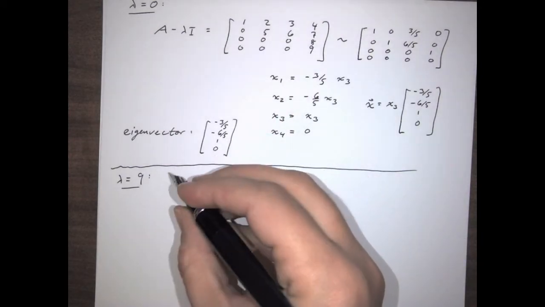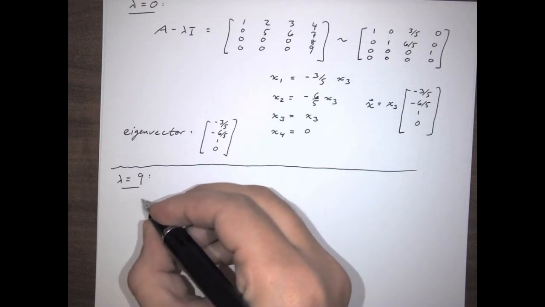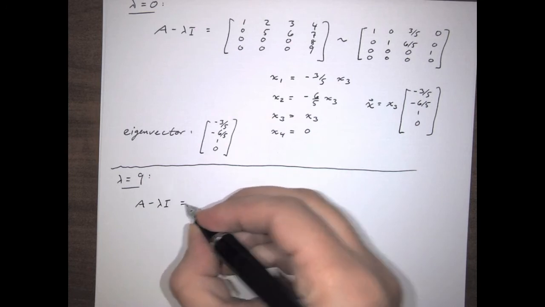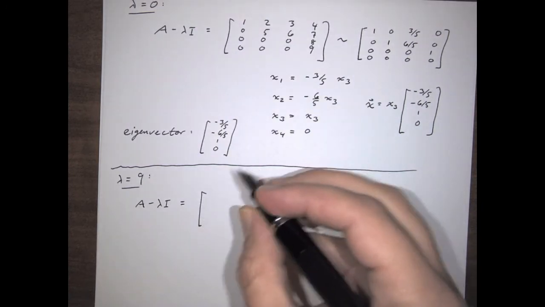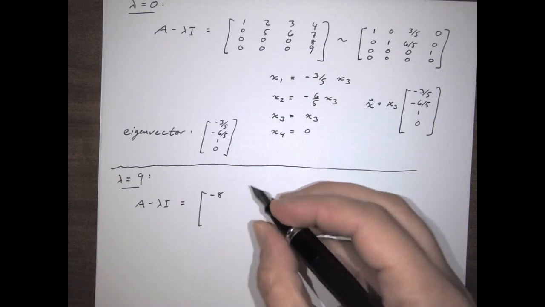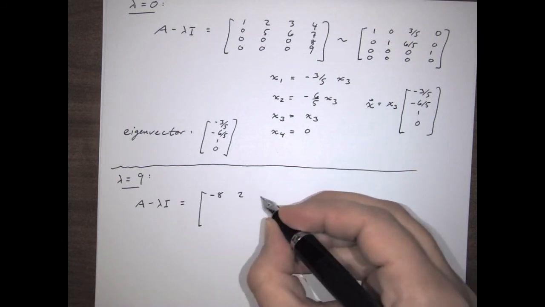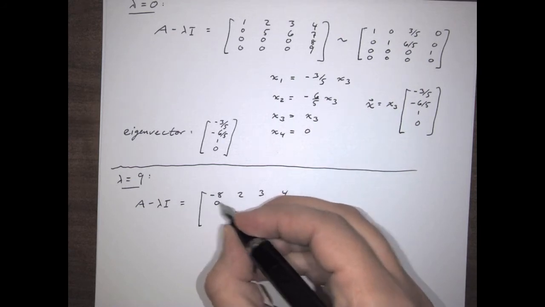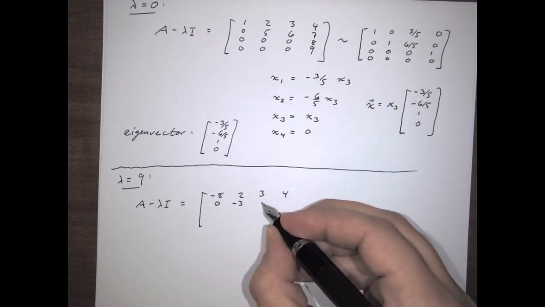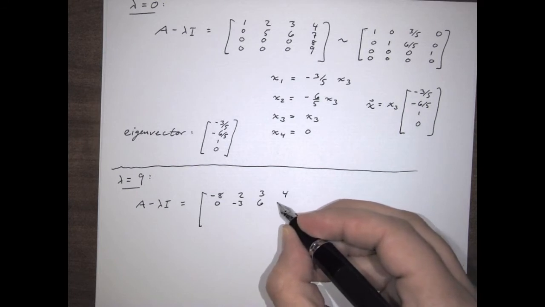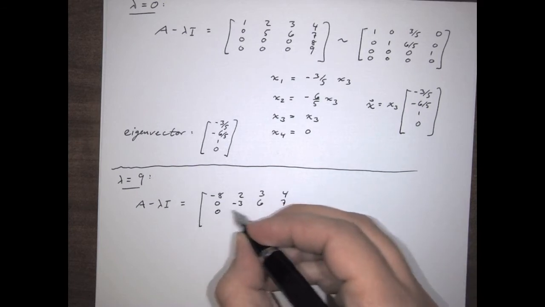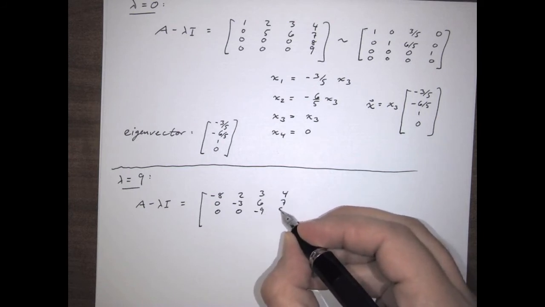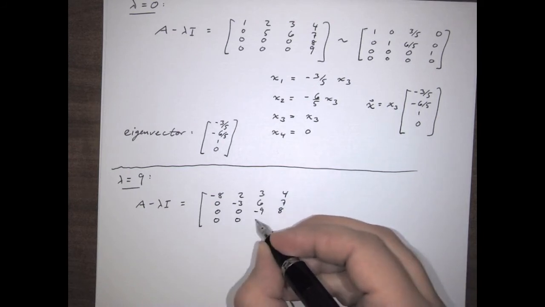So lambda equals 9, so that means A minus lambda I is going to be regular old A, but we're going to subtract 9 from the main diagonal. So it's going to be a negative 8, 2, 3, 4, 0, negative 3, 6, 7, 0, 0, negative 9, 8, and then 0, 0, 0, 0.